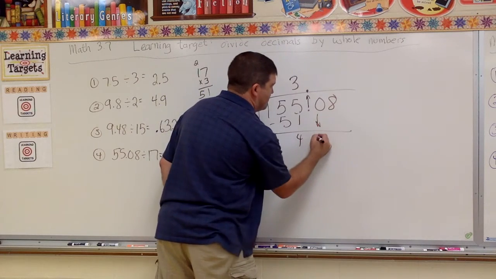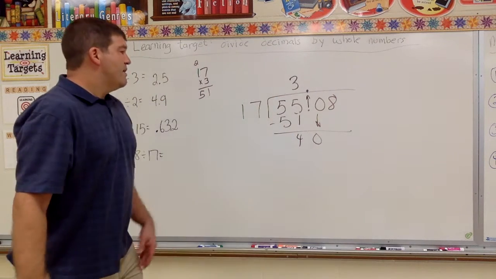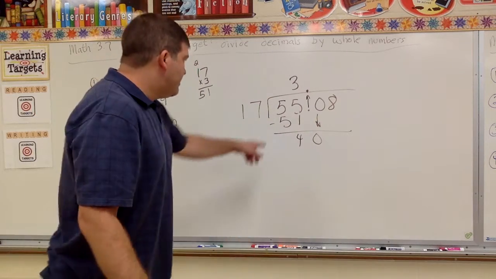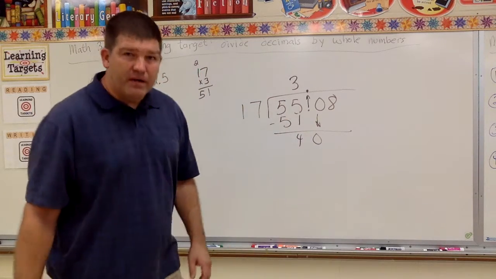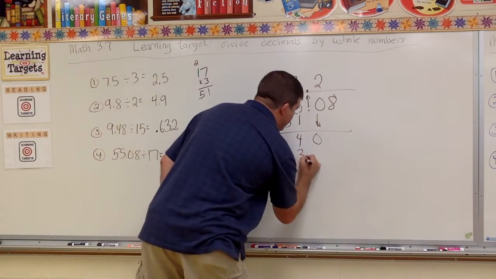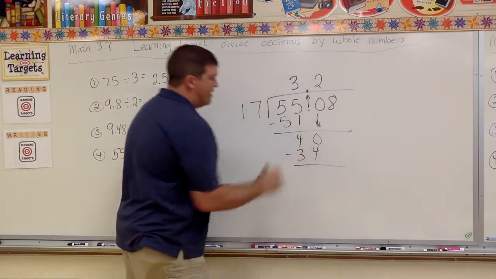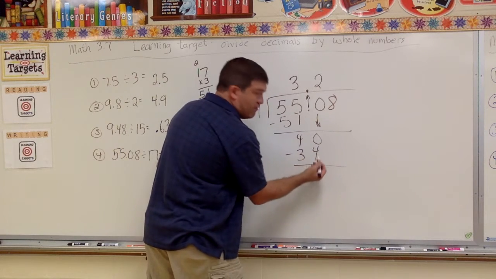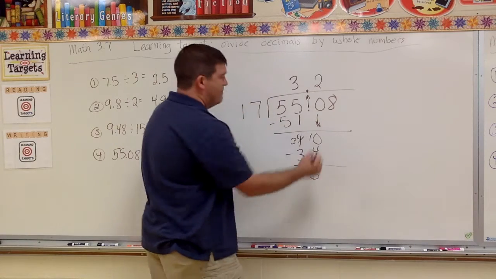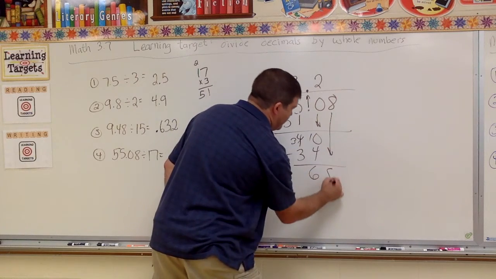I bring down my next number, which is 0. Now, how many times does 17 go into 40? Well, 51 is 3. Must just be 2. 2 times 17, 34. I can do that in my head. 0 minus 4, can't do that. Come over here. That's a 3. That's a 10. 6. I have another number I bring down.